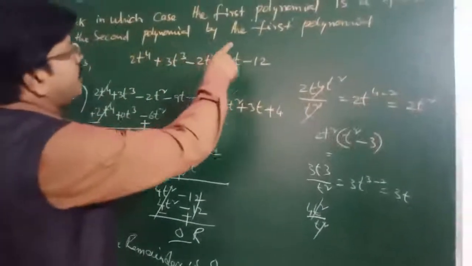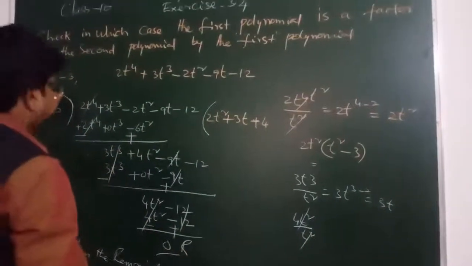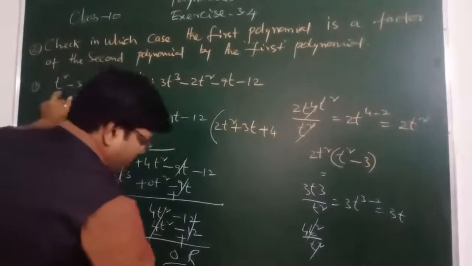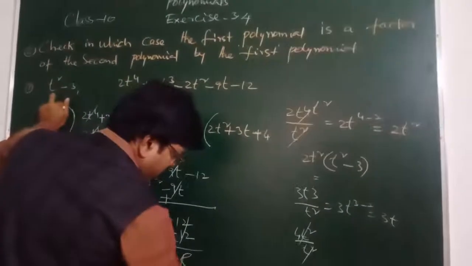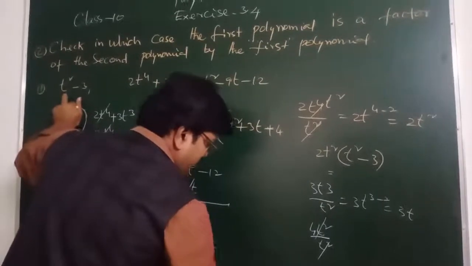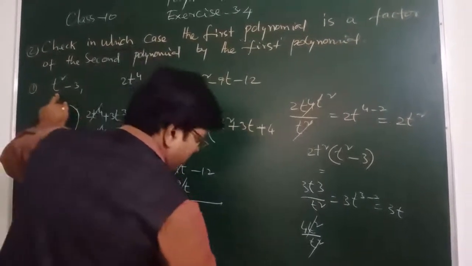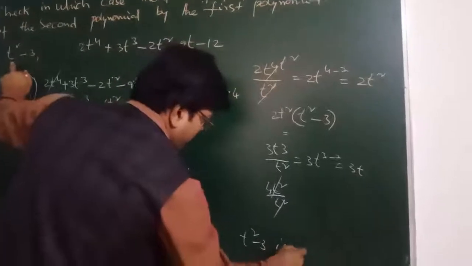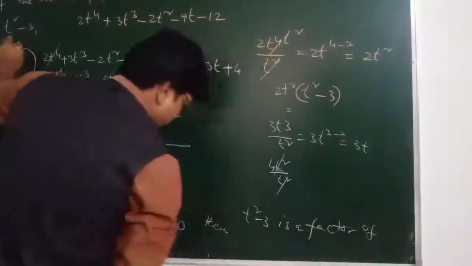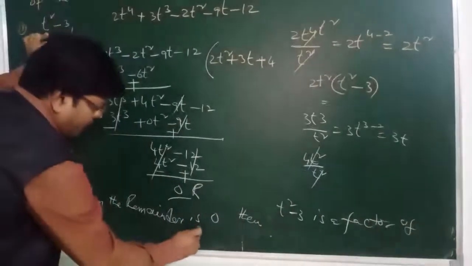Check in which case the first polynomial is a factor of the second polynomial. When the remainder is 0, then the first polynomial, t square minus 3, is a factor of the given polynomial.